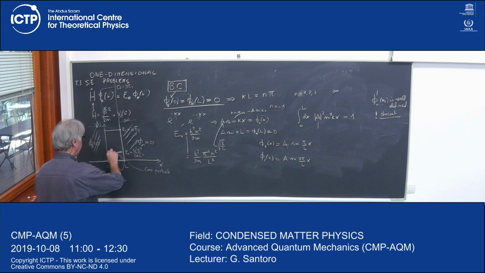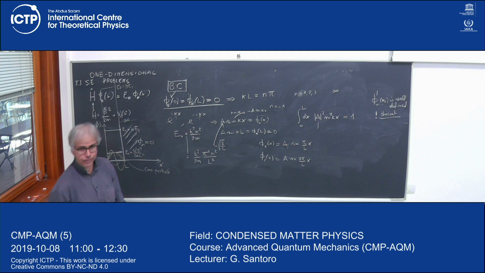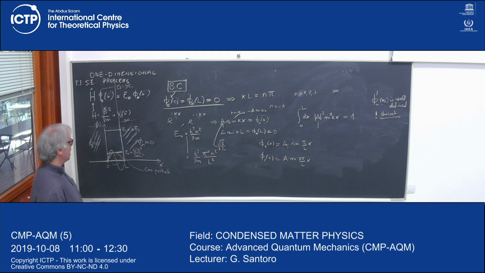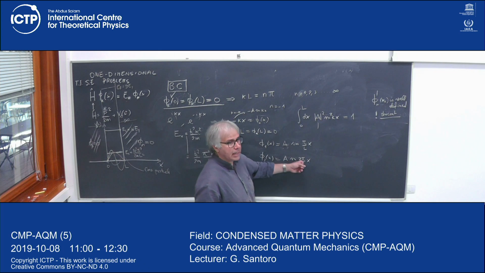It has a 0 here and a 0 there, an extra 0 in the middle. Okay? It does one full oscillation between 0 and that. And so on and so forth. You can go on to 3 oscillations, 4 oscillations, and more as the wave vector appearing here increases.